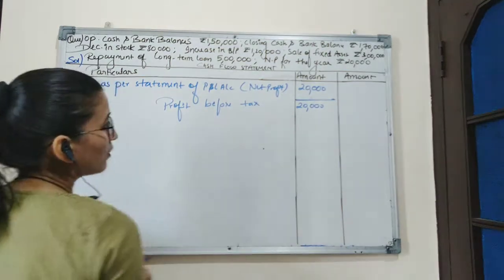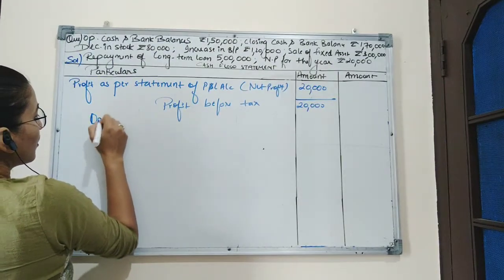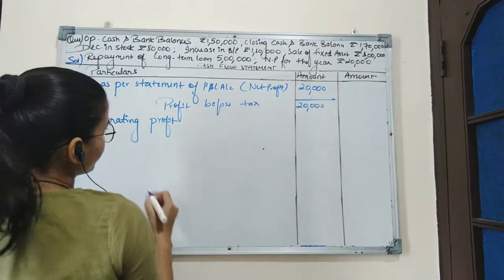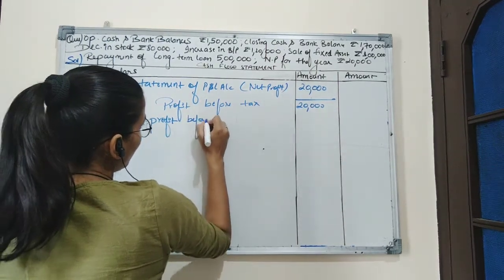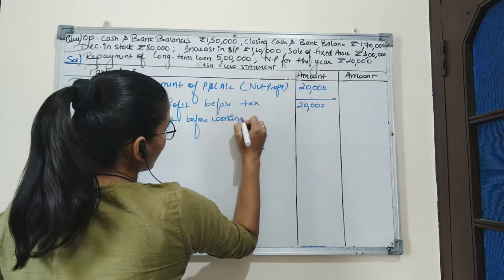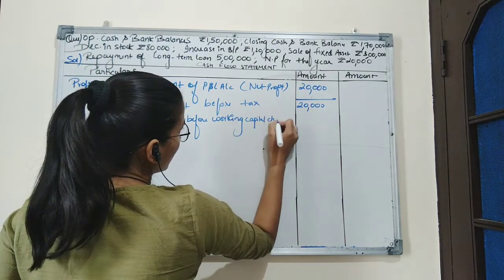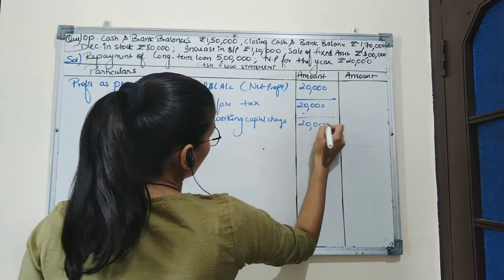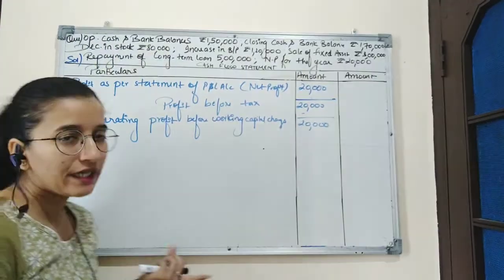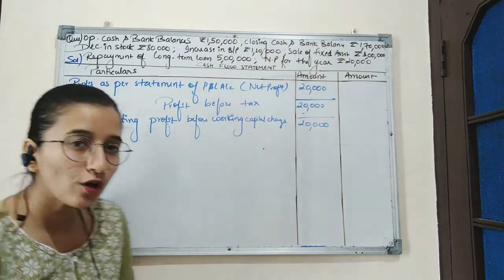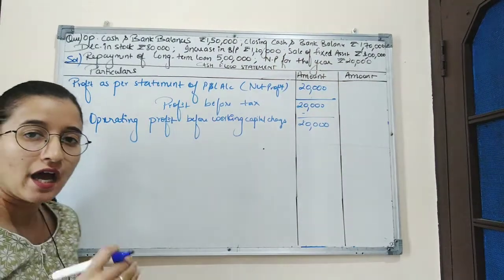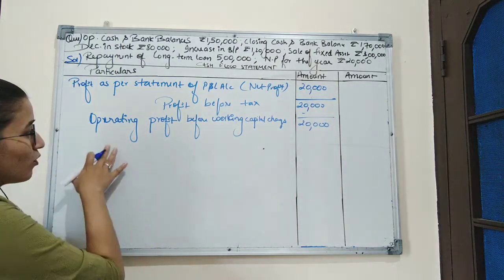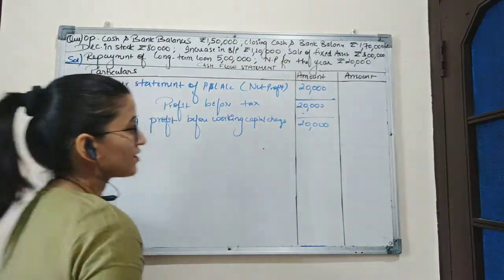So we will consider this amount as operating profit before working capital changes, which is 20,000. As we know, operating profit is calculated by adding non-operating expenses to the profit and subtracting non-operating income from the profit. So the amount we get is operating profit before working capital changes.